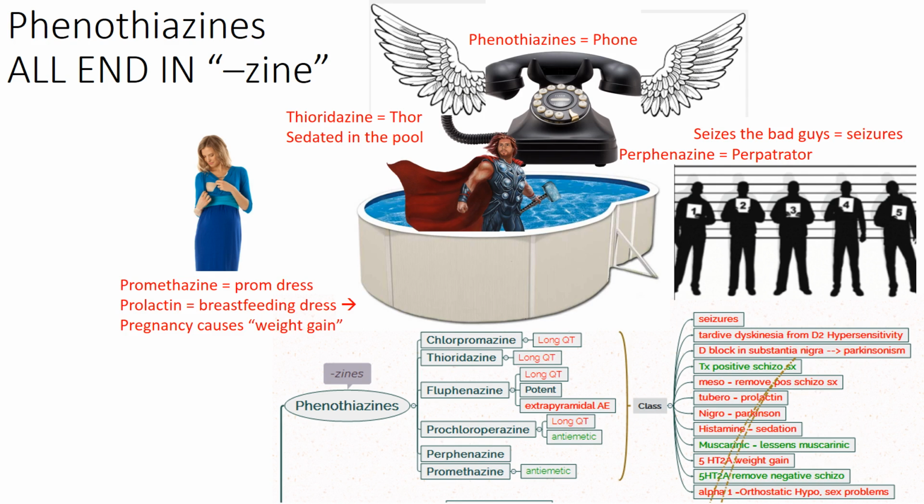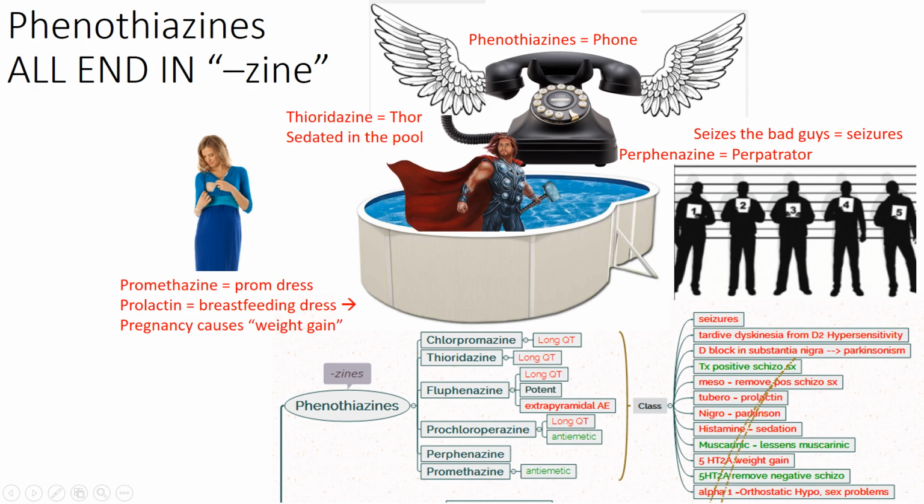And the prolactin release causes milk production. Also pregnancy causes milk production, and pregnancy also causes weight gain. So these drugs also cause weight gain. So prolactin, breast milk production, and weight gain. And think prom dress. This is his girlfriend wearing a prom dress.